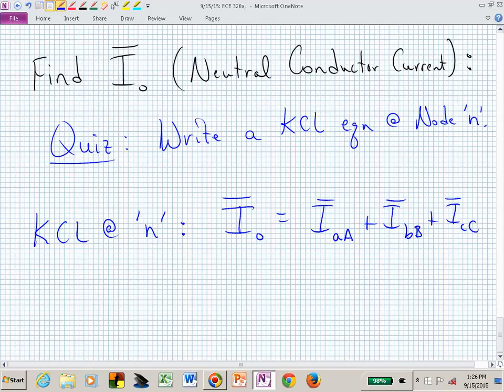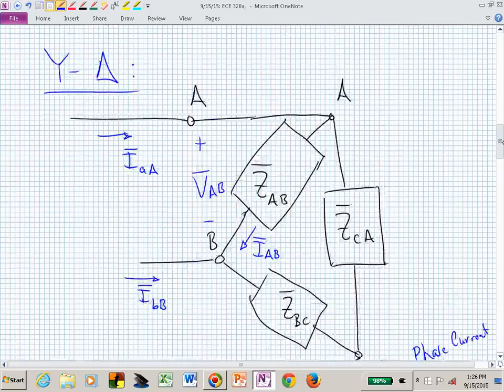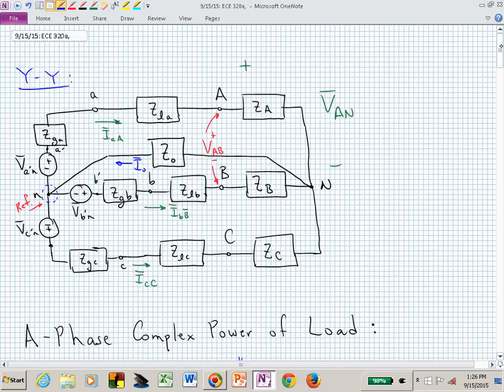For this crazy circuit, that equation is valid. Now, if little n is my reference node, what's the current I sub 0 in terms of voltages and impedances?